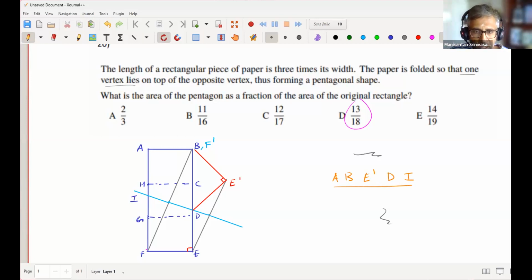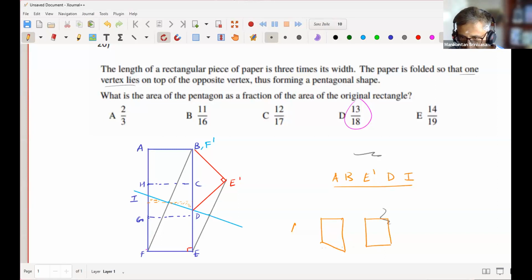Okay, now I want to find the area of this pentagon. Now we can see just by symmetry that if I draw a line here, this area will be the same as this area. So if I split the pentagon into two parts, this part, which is like a trapezium, can be equated to halfway through like this, right?